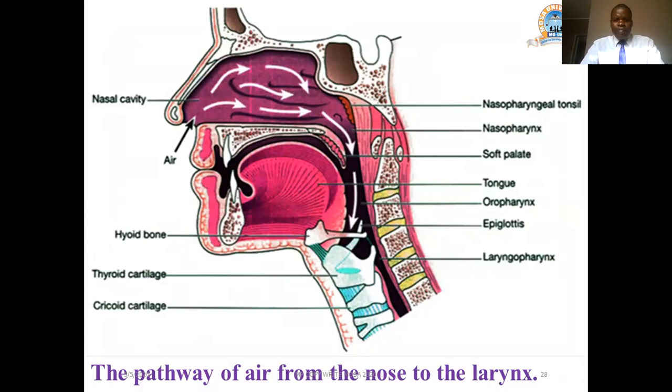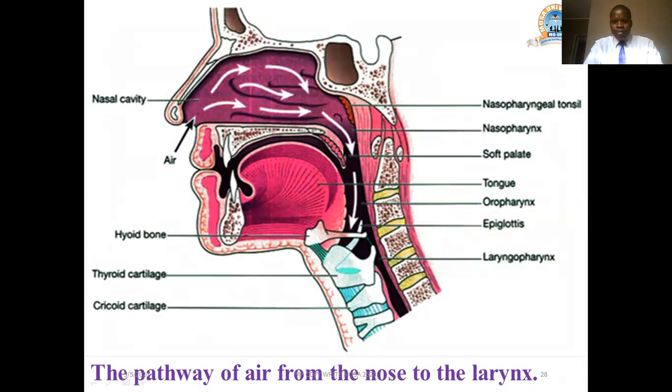Then the pathway of air from the nose to the larynx. How air moves from the nose to the larynx. You can see it from the nose. It moves like this. The nasopharyngeal tonsil there. Before it reaches there, we also have what we call the nasopharynx.